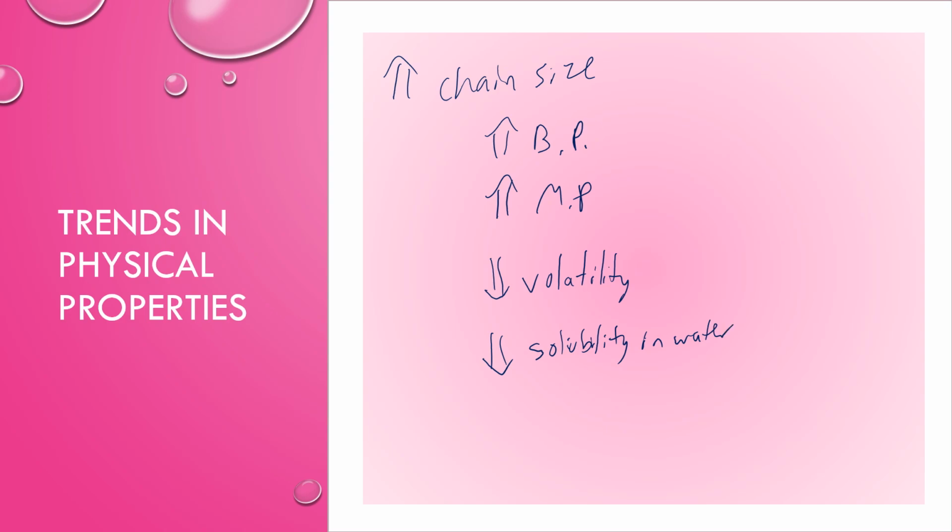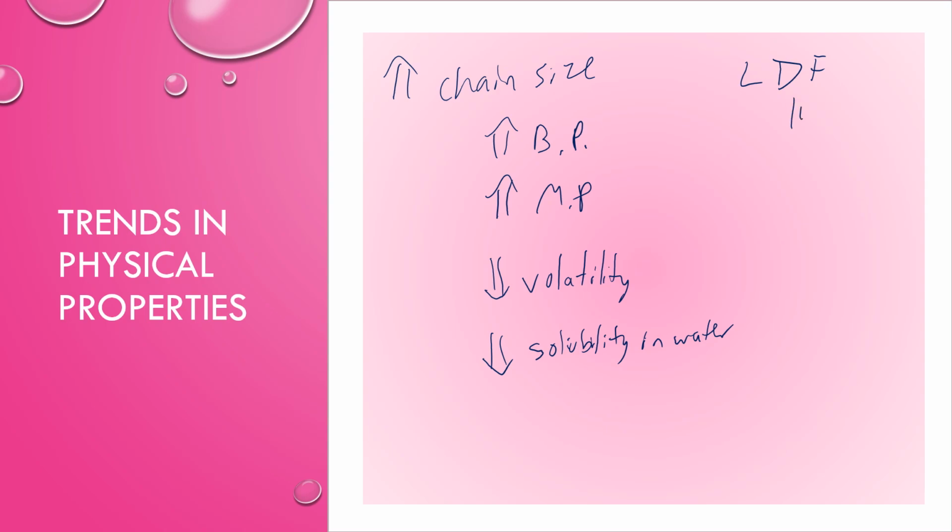So let's talk about why this is. The longer the chain, the more carbons in a row you're going to have, all right? And the more total electrons you're going to have. So because it has more total electrons, it's going to have more frequent London dispersion forces, or stronger London dispersion forces.